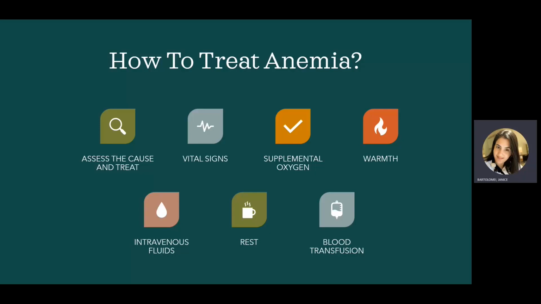We're going to give them a little warmth, maybe IV fluids just to build up the volume within the vessel, give them rest, and then if it's less than 7, this is usually what happens in the hospital. Less than 7 hemoglobin, in the hospital, you get transfused. So the doctor will order a blood transfusion.